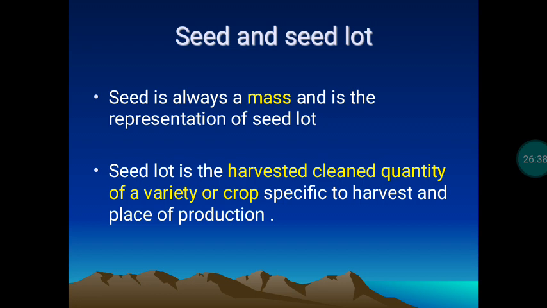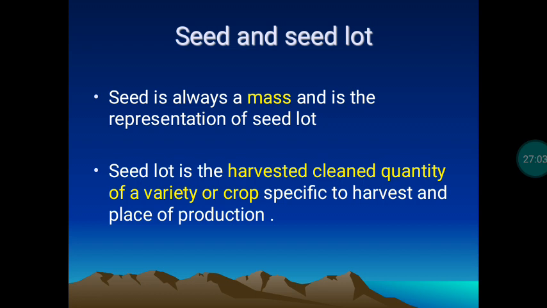Paddy IW Ponni means that is a separate lot that should be harvested from one unit area. So that 50-meter distance rule and all is applicable. So the crop specific to harvest and the place of production also. For example, you raise IW Ponni in Tanjavur, and at the same time you raise that crop in Pudukkottai. After harvest, can both materials be mixed?